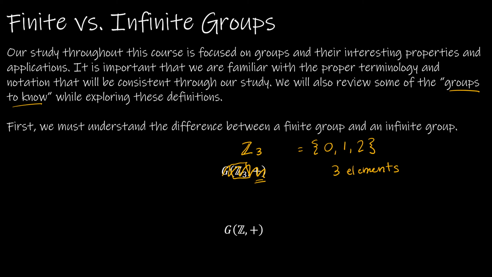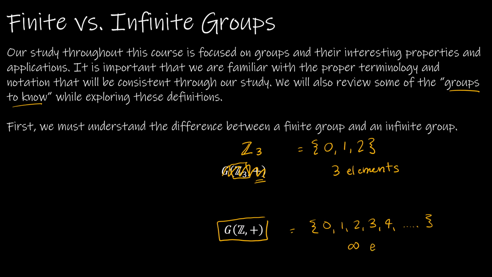Whereas if I look at the group of all integers under addition, well, how many elements are there? There's 1, 2, 3, 4, and really this goes on forever and ever and ever. So how many elements?